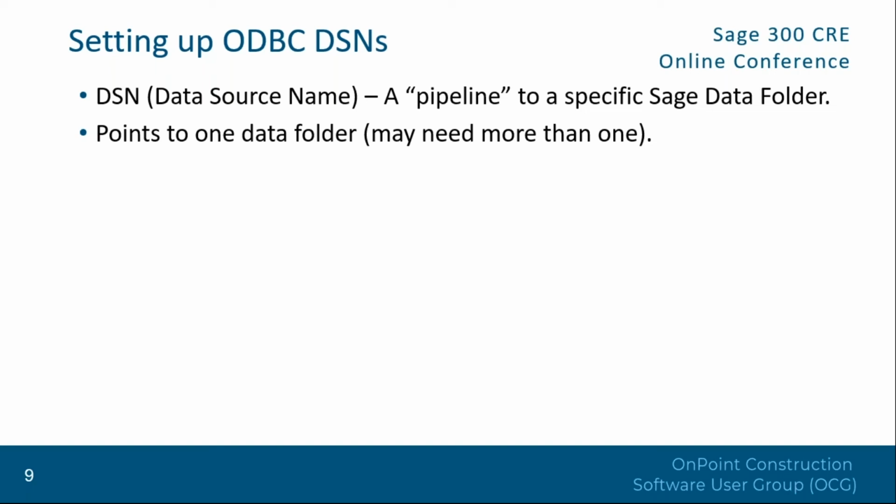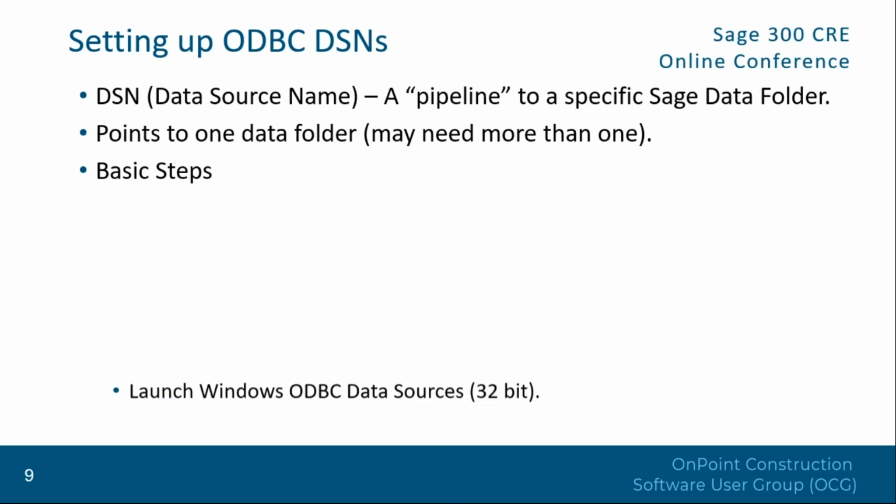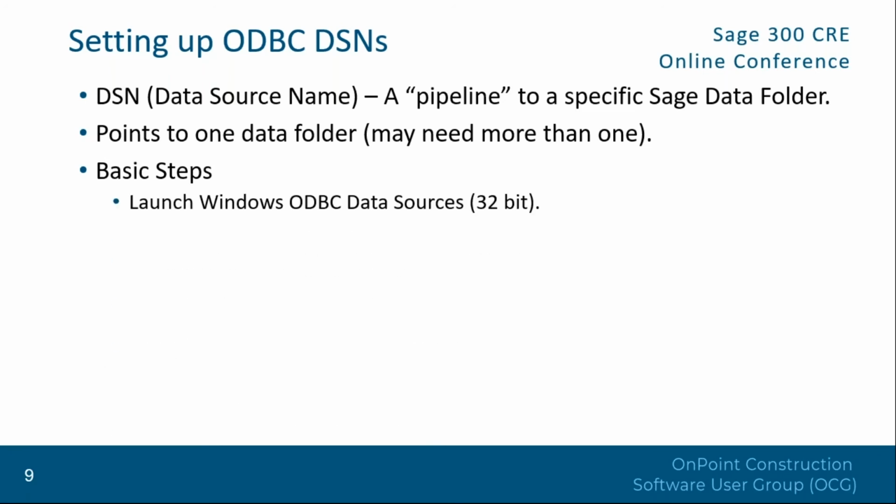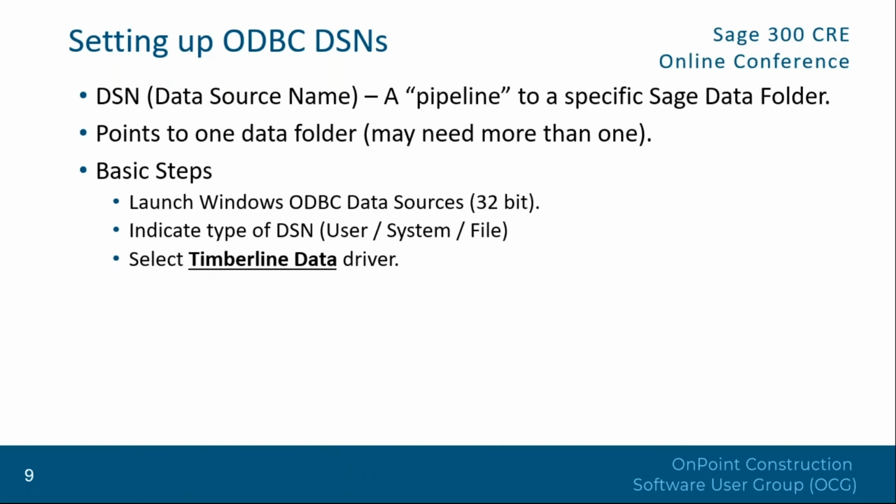Okay. So I'm going to walk you through the basic steps on screen here. We're going to actually go do it, and then we'll come back and review. What we're going to do is launch Windows ODBC data sources, the 32-bit version, which I will show you. We're going to indicate what type of DSN we're going to set up, and there are three: a user, a system, or a file. We're going to select the Timberline data driver, which is the piece of software that we'll be using to talk to the Sage database.